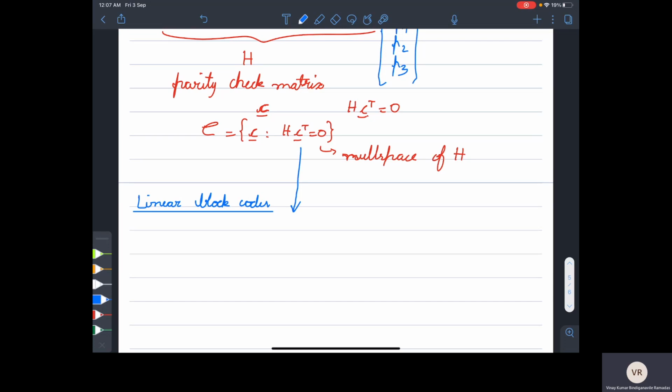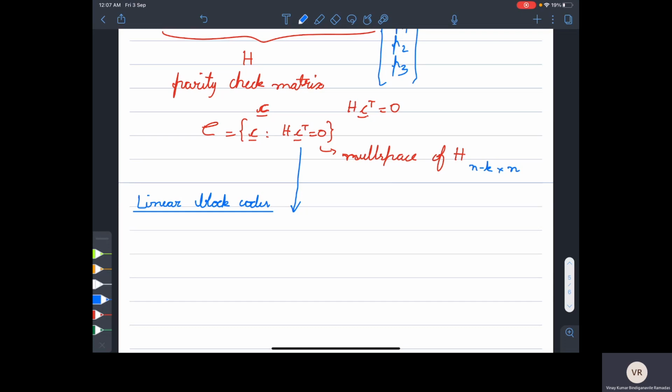But for now, all of them have a similar structure but with different parity check matrices. So these are the null spaces of a parity check matrix H, which in this case is a matrix of dimension n minus k cross n. So these form the basis for more advanced codes.